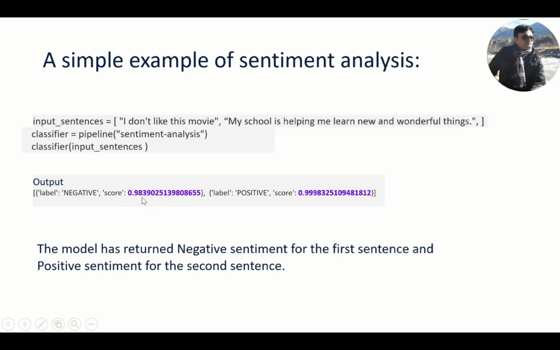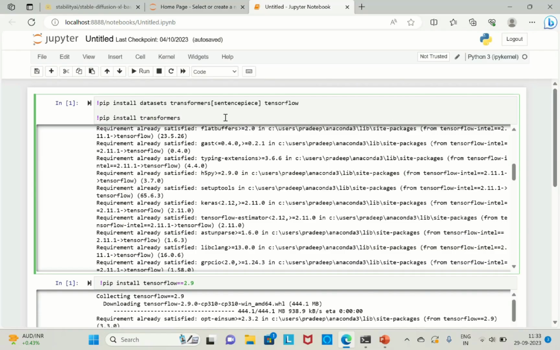So here it is showing 98.39% and here 99.98%. So these are very good results predicted by the sentiment analysis pipeline. I will show you guys how we can run and use it. It's a small demo.